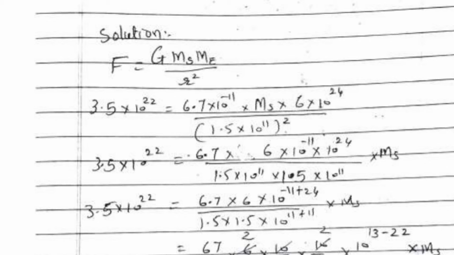This 6.7 and this 6, see, this is 6.7 and this is 6, and all the powers of 10 together. So 10 raised to minus 11, this is 10 raised to 24. So that I have written together. Correct? And here I have done the separation. So I hope all the things are clear.